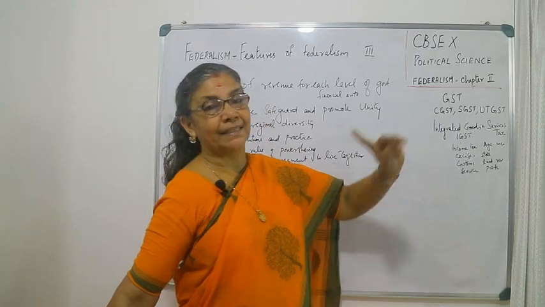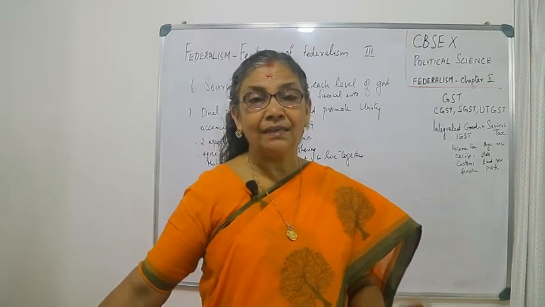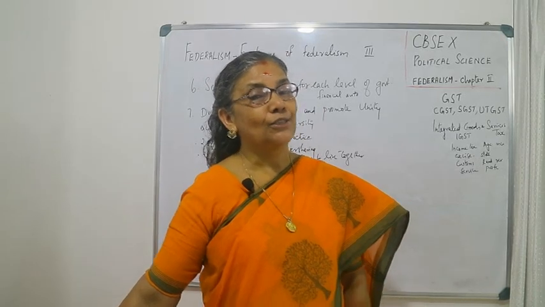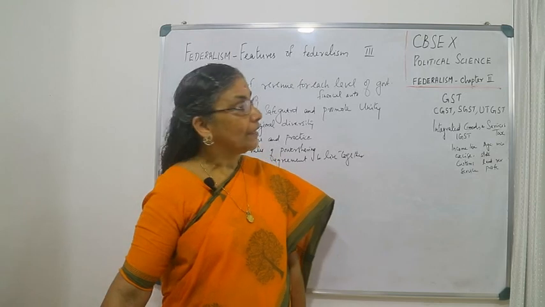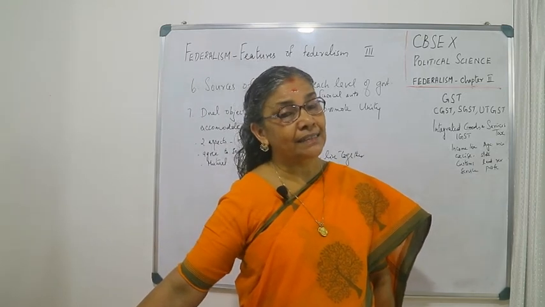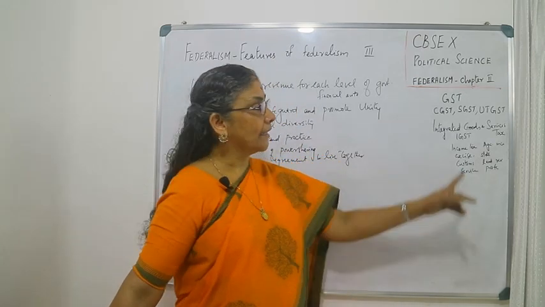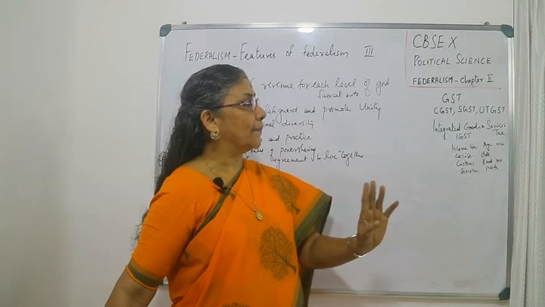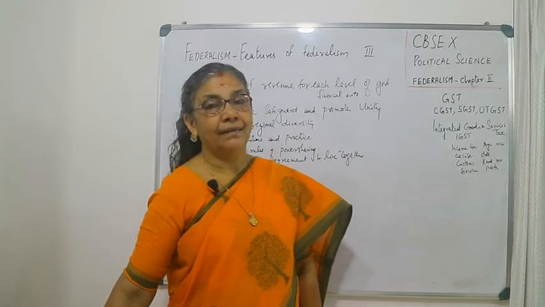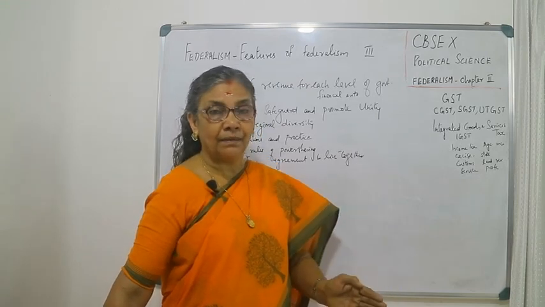Then SGST, the taxes of the state government. What taxes can be imposed by the state governments? Then we can see the UTGST. The union territories can also have taxes, that is UTGST. And moreover, we have the integrated goods and services tax. So this way the tax itself is divided.